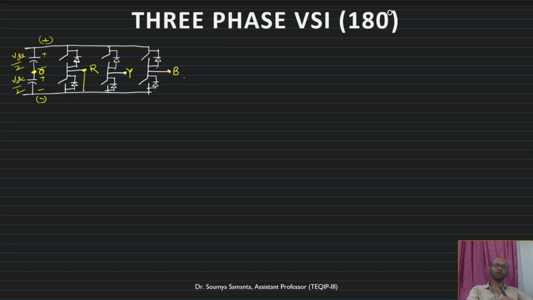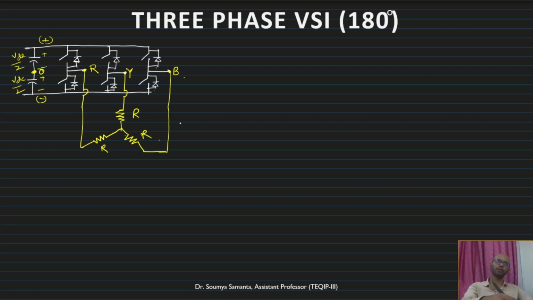Now we will take the extension to connect the load. Say we are using a star connected resistive load with all resistances R. In case of a resistive load, we don't need the diode conduction.